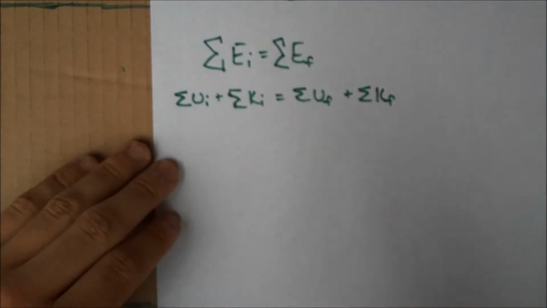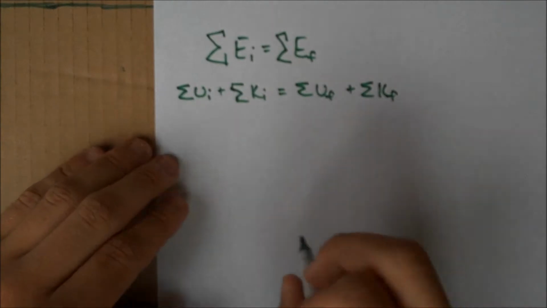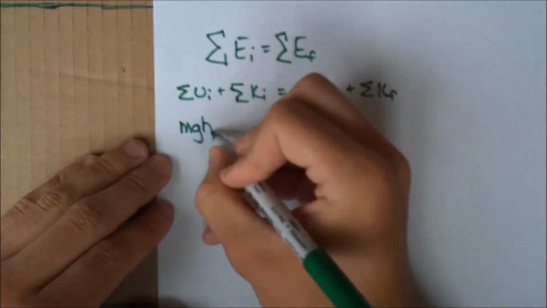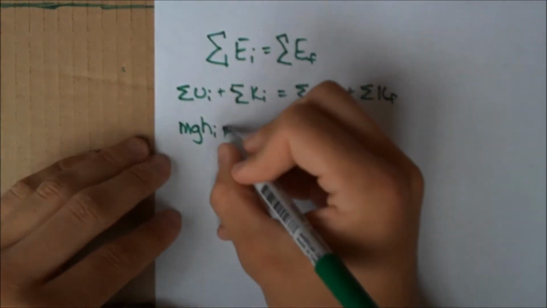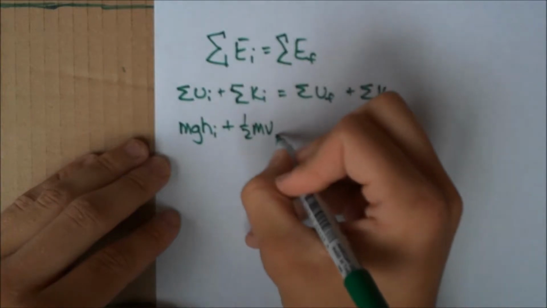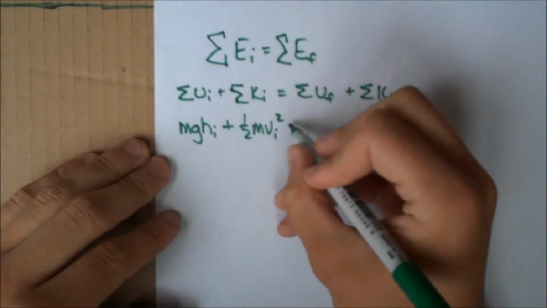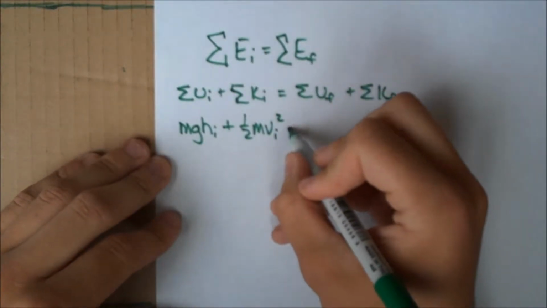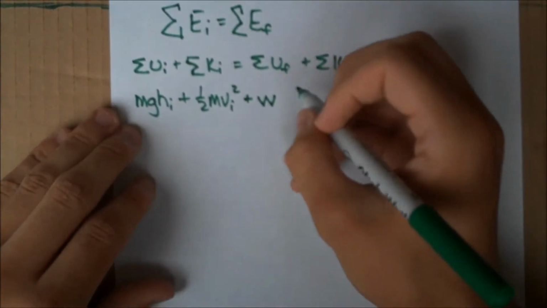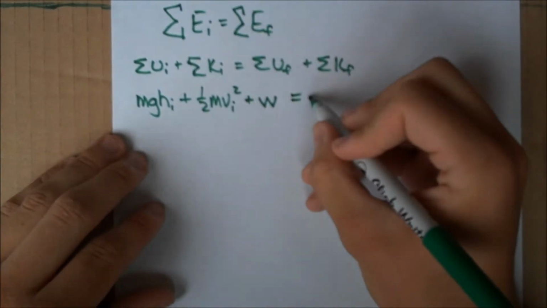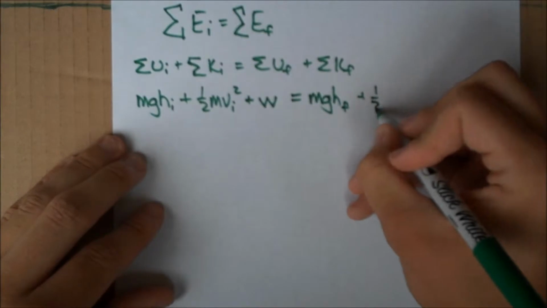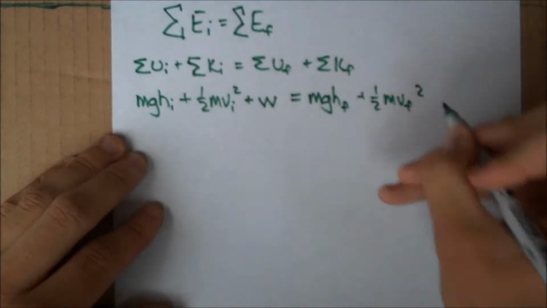We plug in our equations: potential energy is mass times gravity times height, with an initial for the height, and kinetic energy is 1/2 m v initial squared. Then we also include our work, which we'll leave as W for now, on the left side. And we do the same thing for the other side, which will be m g h final plus 1/2 m v final squared.